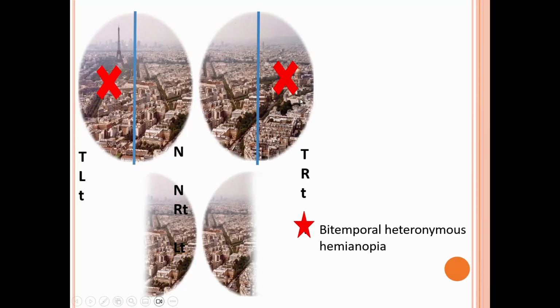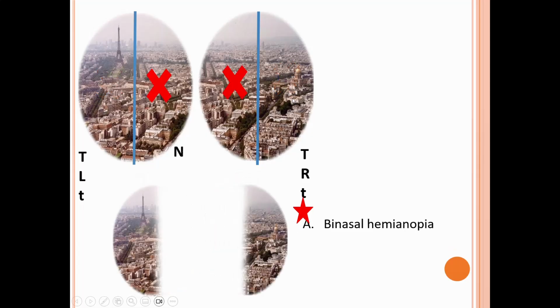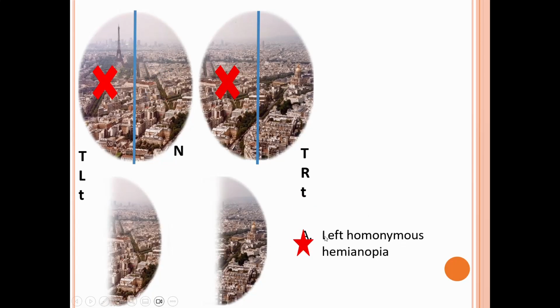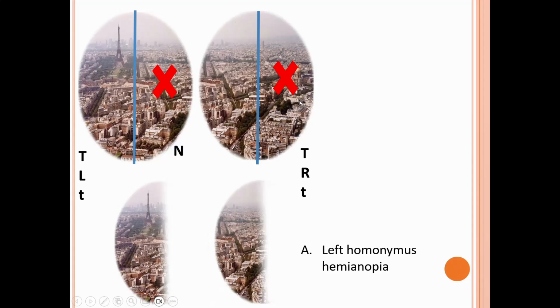So lateral half of the vision in both the eyes is affected, and here binasal hemianopia, where the medial half or the nasal half of both eyes is affected, and here it is left homonymous hemianopia, that is lateral half of one eye and medial half of the other eye is affected, and here also left homonymous hemianopia, that is left half of one eye and medial half of another eye is affected.